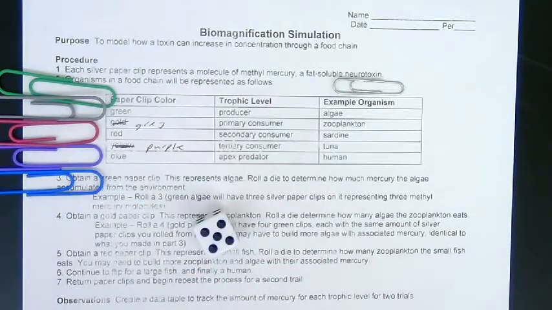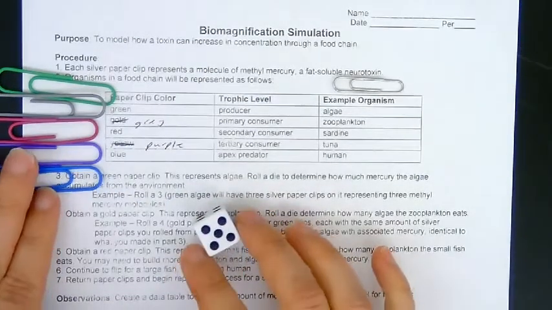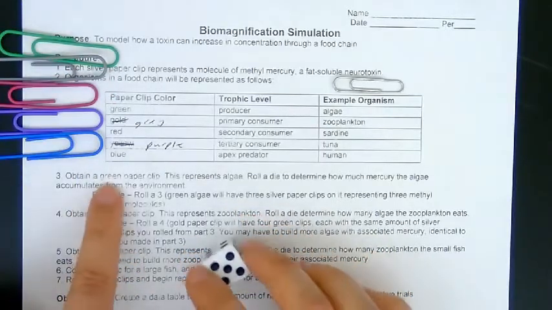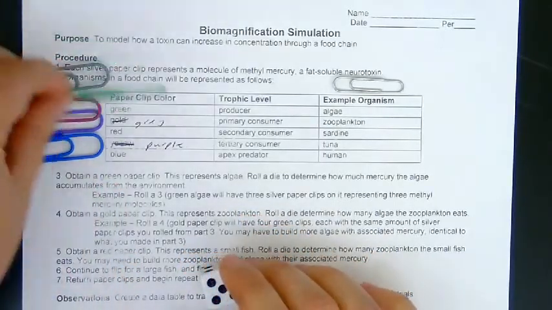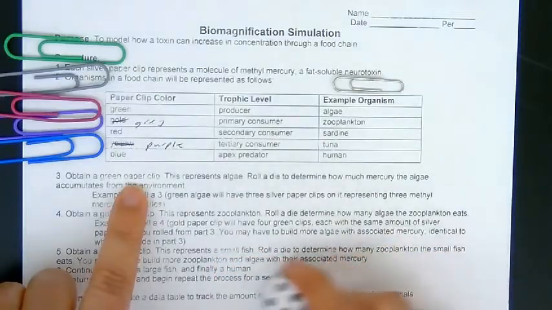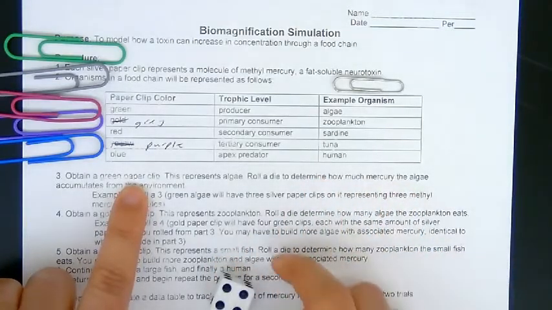So we're going to roll a dice each time, and that's going to give us our probability. For our first green paperclip, the producer level, when we roll the dice, that's going to determine how much mercury is in each algae.